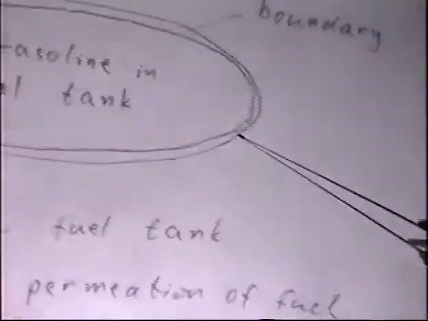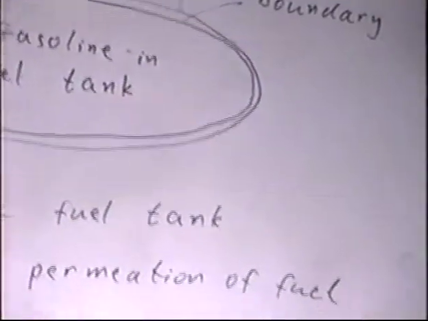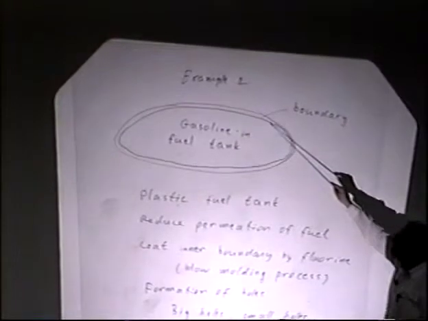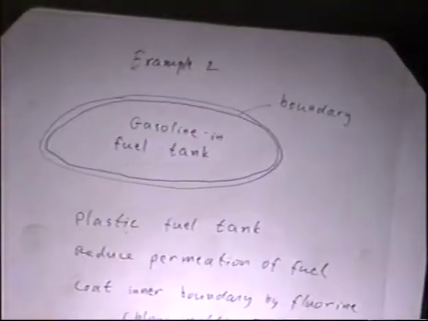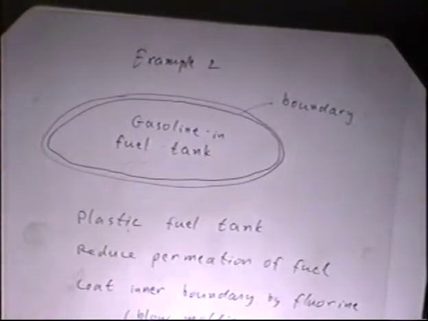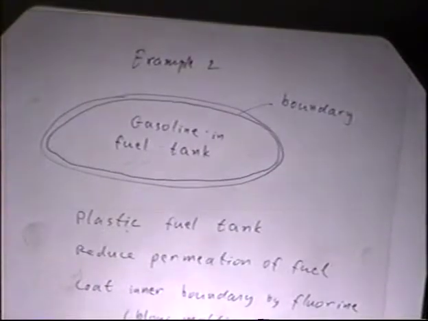So what they do, they take fluorine and they coat the inner part by a process which is called blow molding, with a stronger power and hotter stuff. And they fill all the interior with this material, and now it reduces the permeation. But it doesn't do a perfect job.